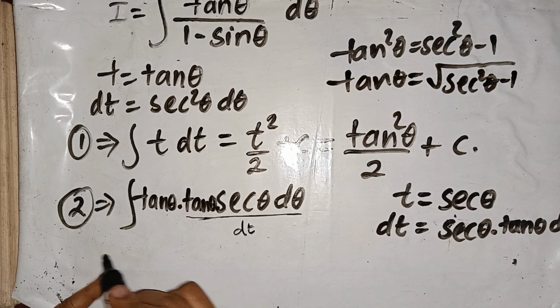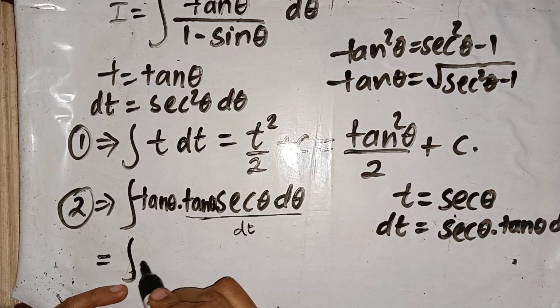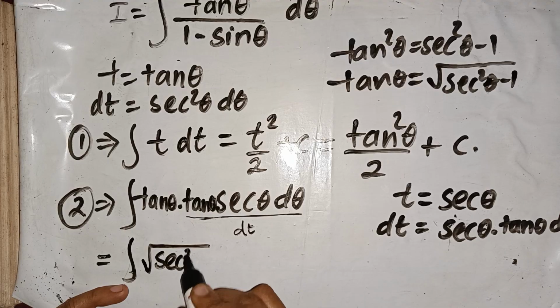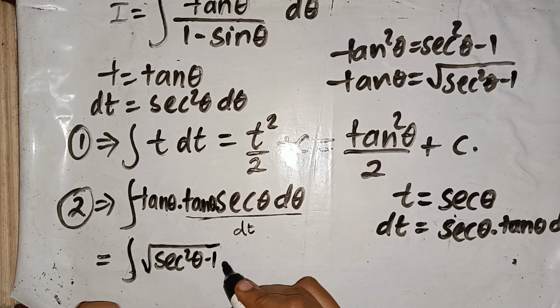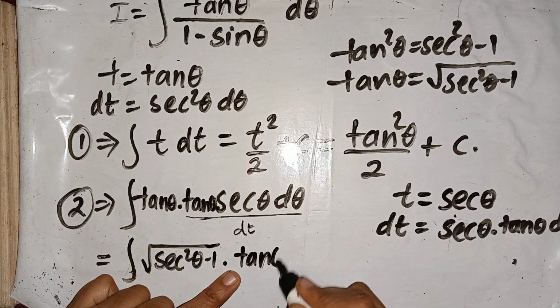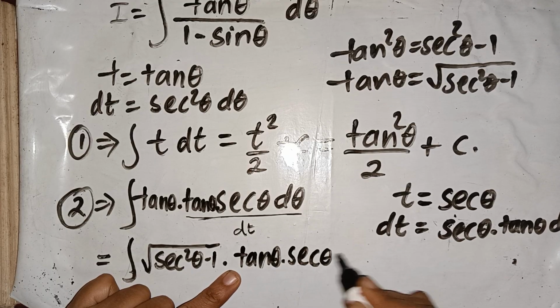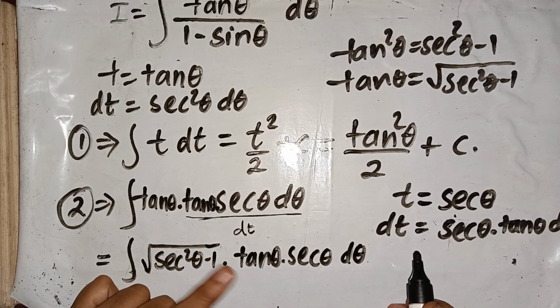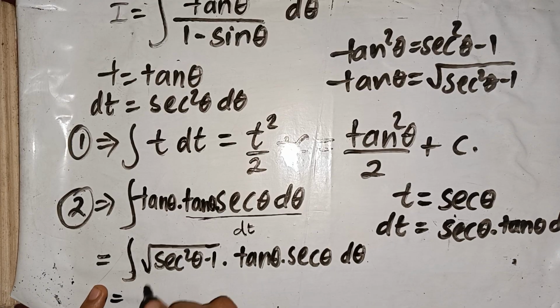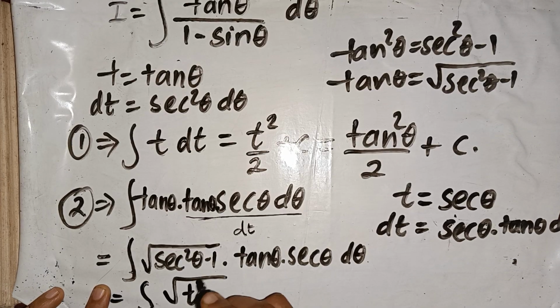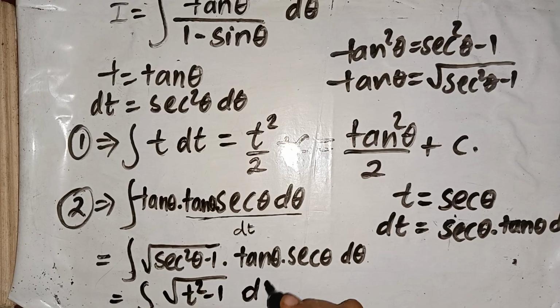So I can write this tan theta as root of sec square theta minus 1 into tan theta into sec theta d theta. Okay, so this I am substituting as t. So this becomes root of t square minus 1 dt. Here we have to use that formula, root of x square minus a square.